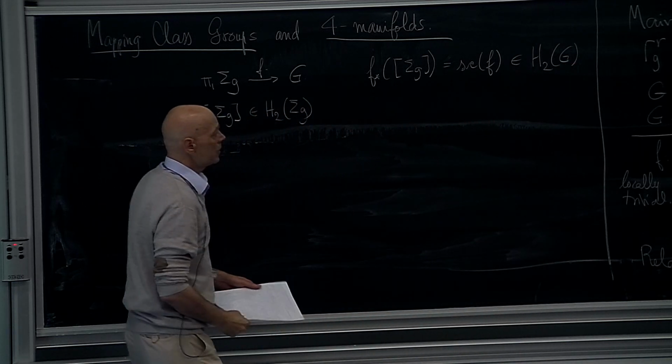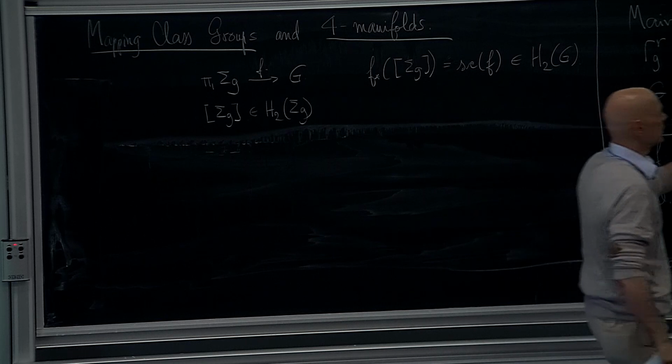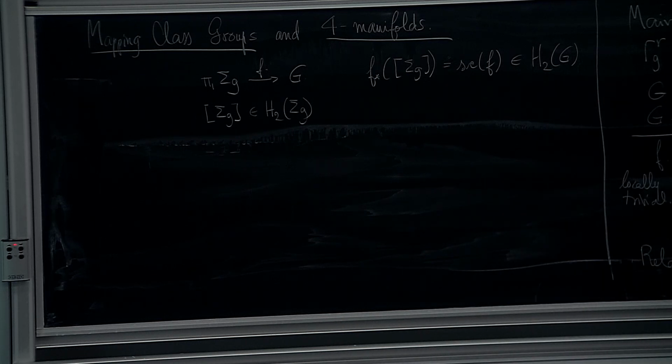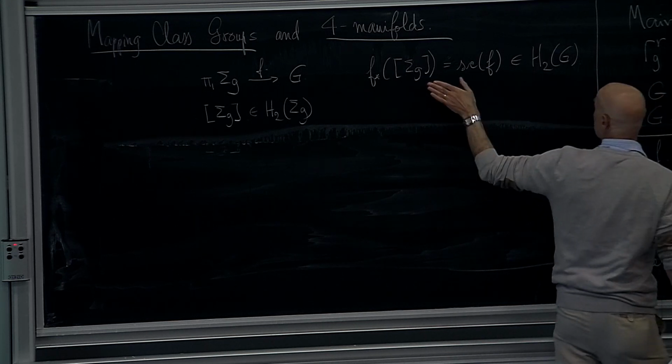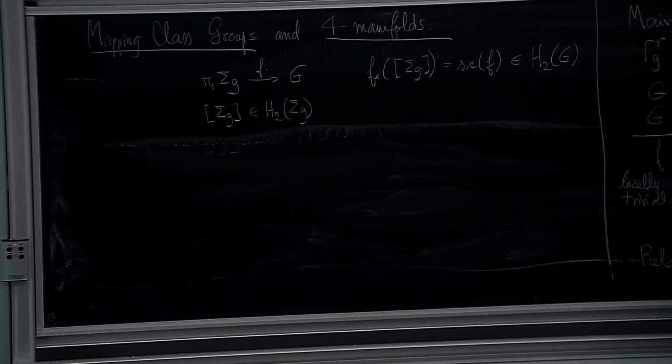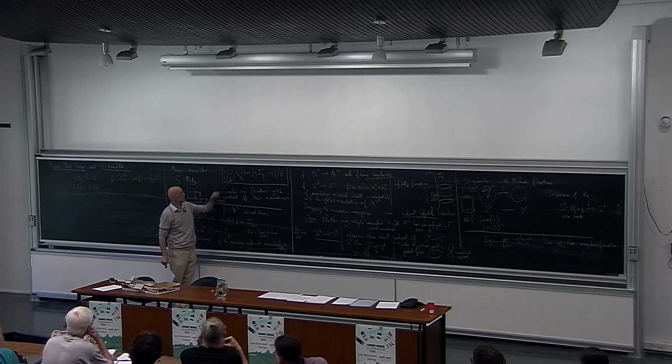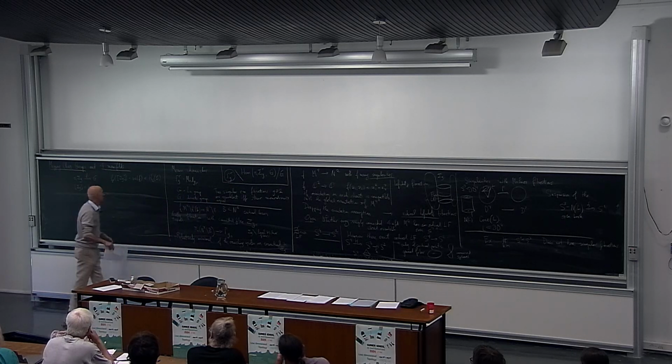Well, it appears that everything acts naturally here. The action of G by conjugacy doesn't change the image of the Schur class, and an easy argument shows that the mapping class group doesn't change it either.